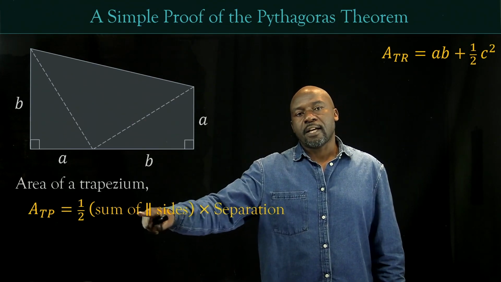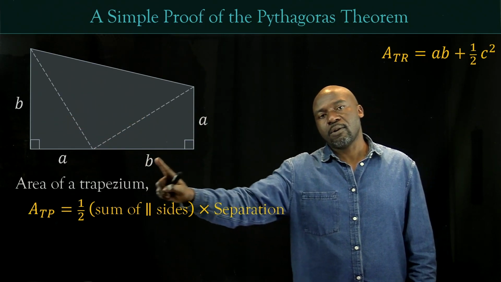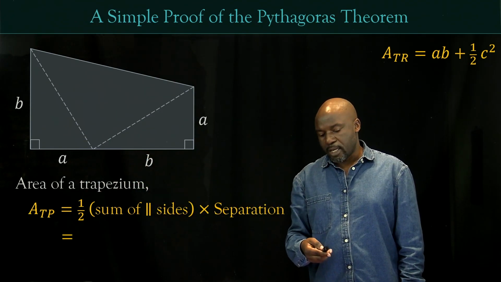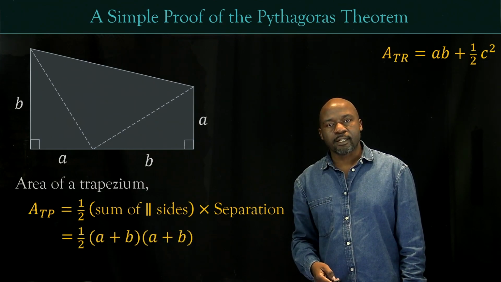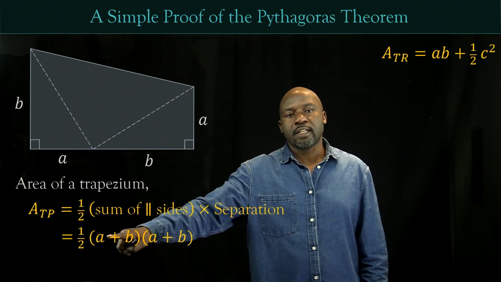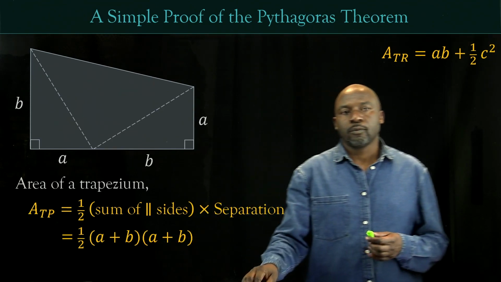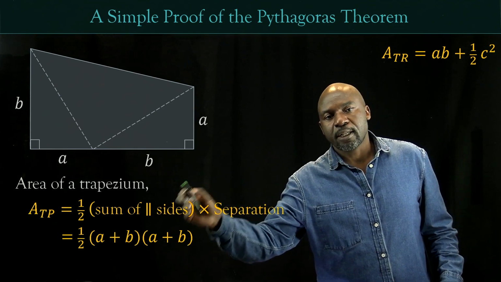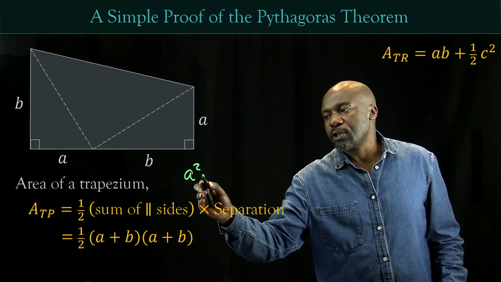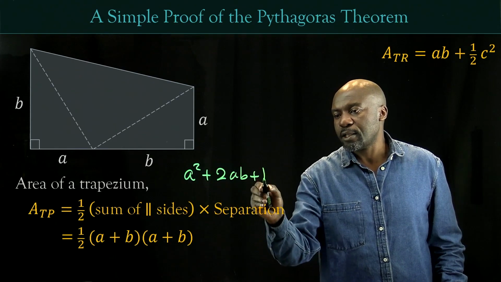Now, the sum of parallel sides is A plus B, and the separation or the perpendicular distance is also A plus B. So therefore, we have a half times A plus B times A plus B. If we open this bracket, this is a perfect square, so we get A squared plus 2AB plus B squared.